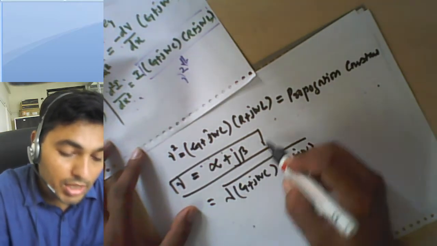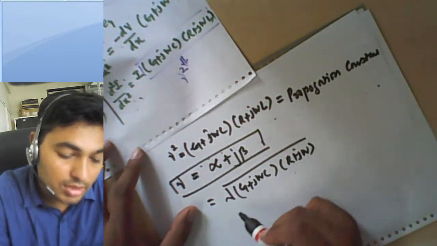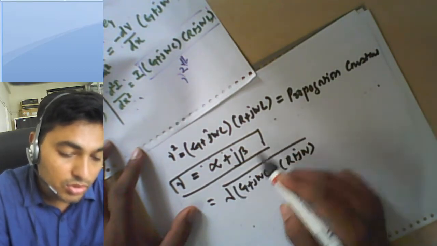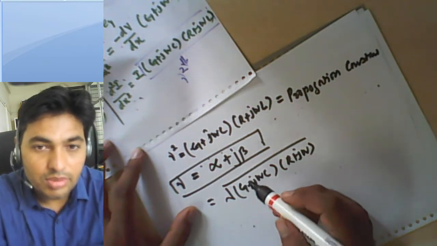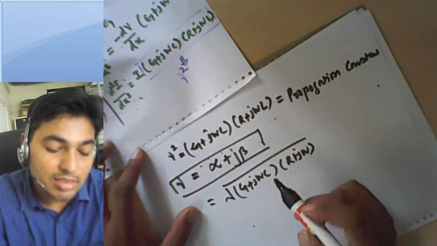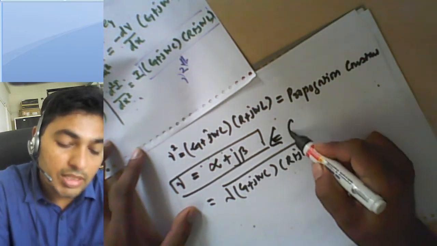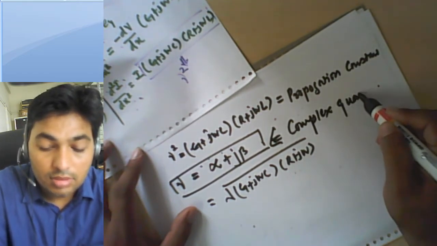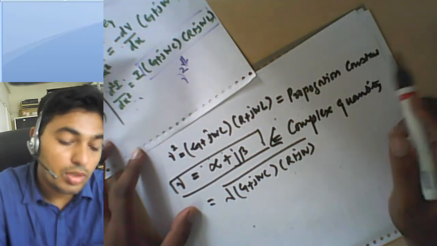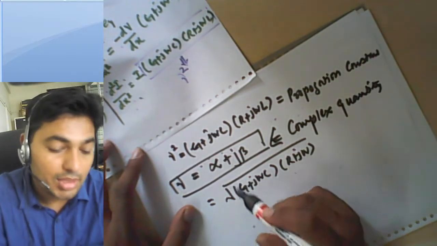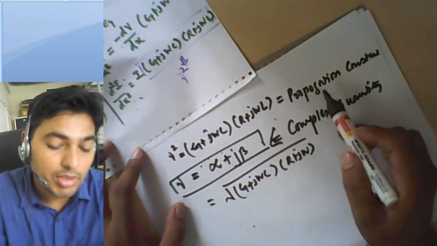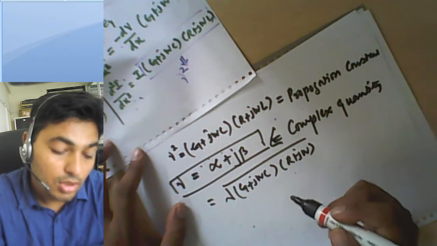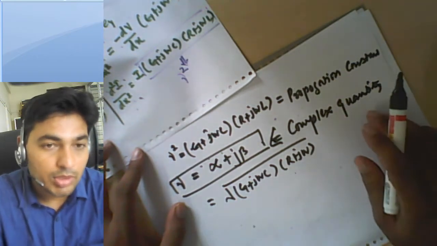We will define alpha and beta later. The real part of the propagation constant is alpha, and the imaginary part is beta, because this is a complex quantity in general. So this is the propagation constant.